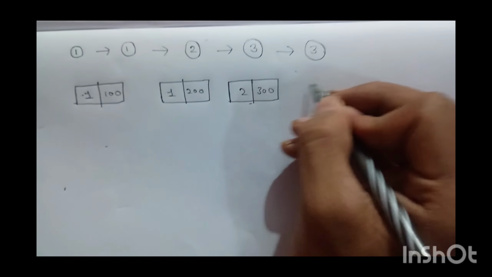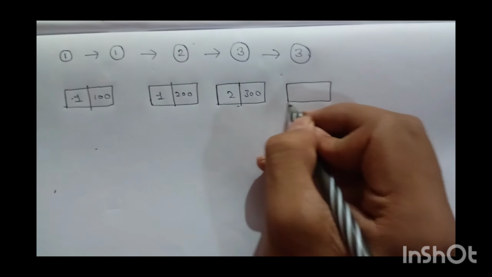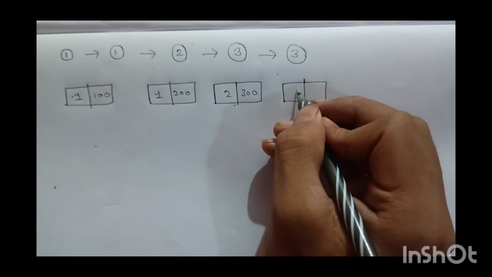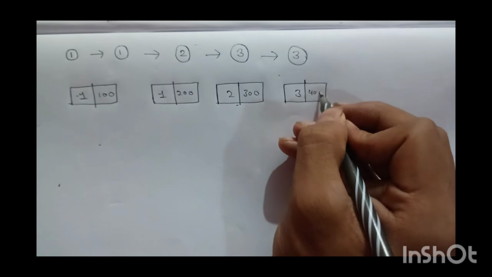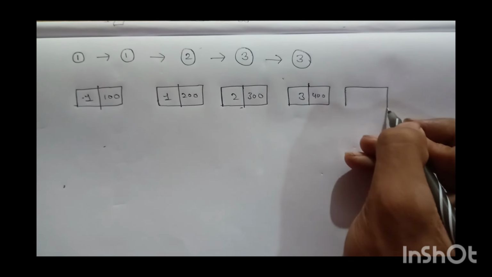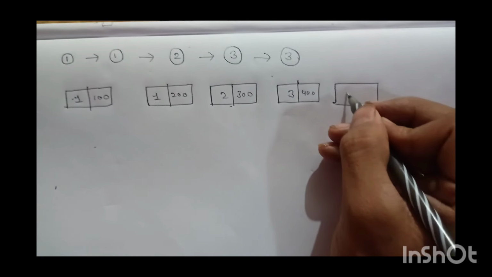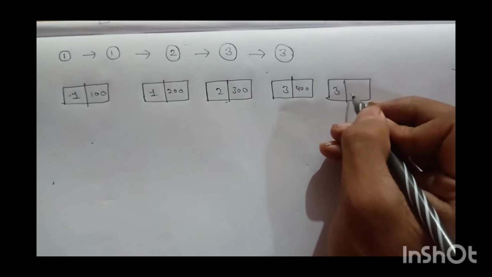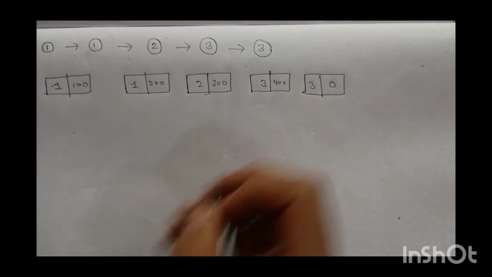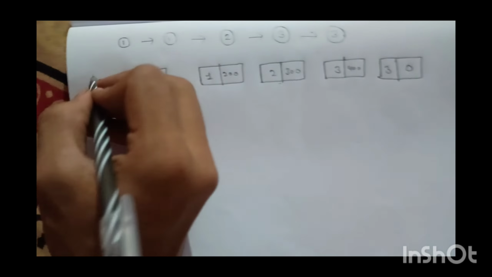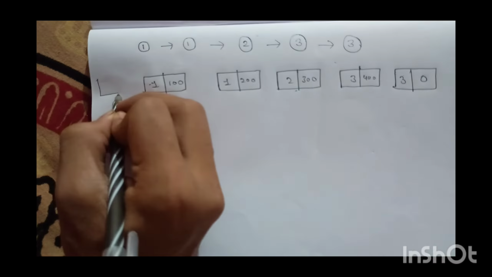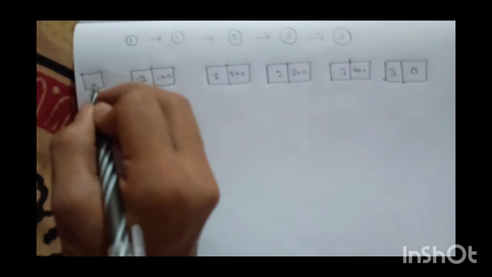Okay, so we have to make 5 nodes here. So it's our third node, address 400, and you know that the last node has an address 0 or null because it is not pointing anywhere. And at first, the address of the first node is given in the head.